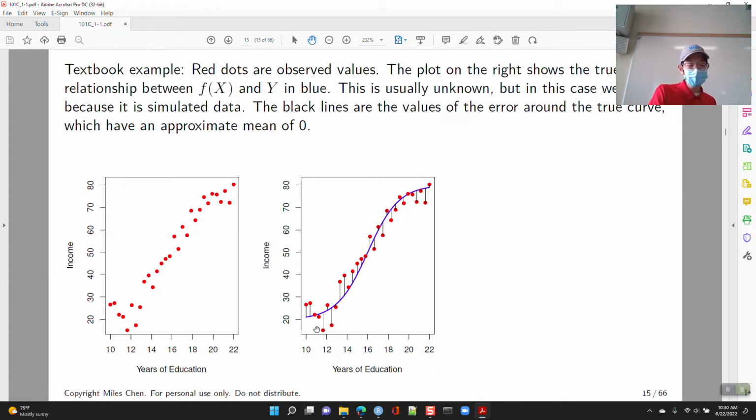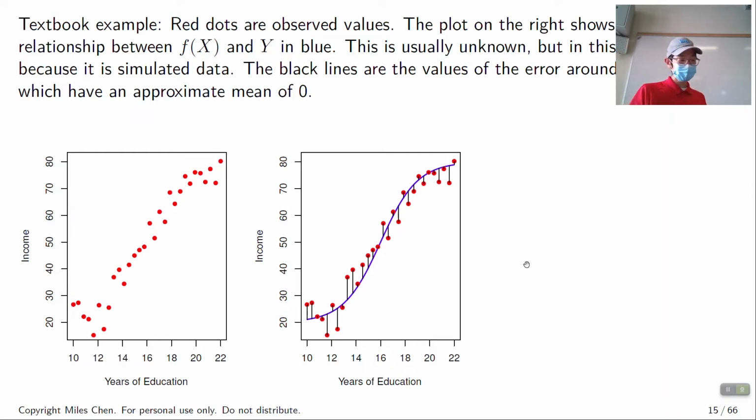And then the thing is, can we figure out what this blue line is? Can we figure out the true relationship? We probably won't be able to figure out the true relationship in blue exactly, but maybe we can get something close to it. Okay? And so the idea of a model here is, what are the things that factor into someone's income?